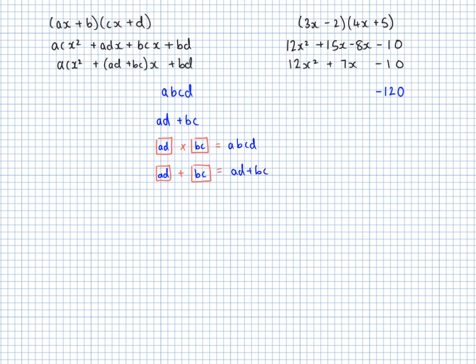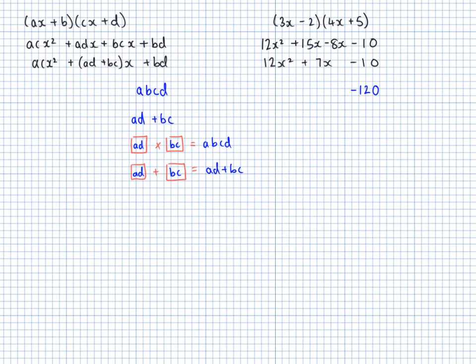What would this mean on this side? On this side, we have this middle term here, the 7x. Remember, I simplified them already, so it's actually 15 add -8.